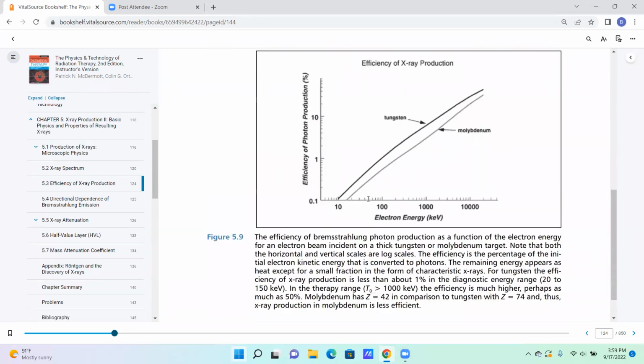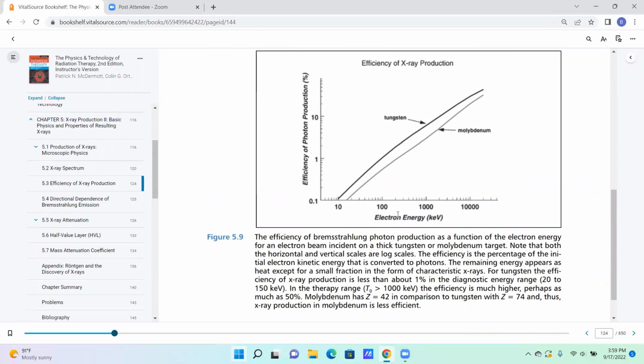So when you take a look at this particular graph, you're seeing the efficiency of Bremsstrahlung photon production as a function of the electron energy. Given two different elements, you're seeing how the efficiency changes, in which this is 1%, this is 10%. This is the electron energy down there. You can see how that changes.